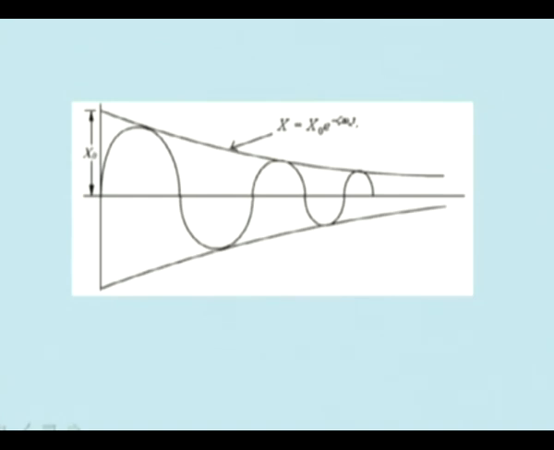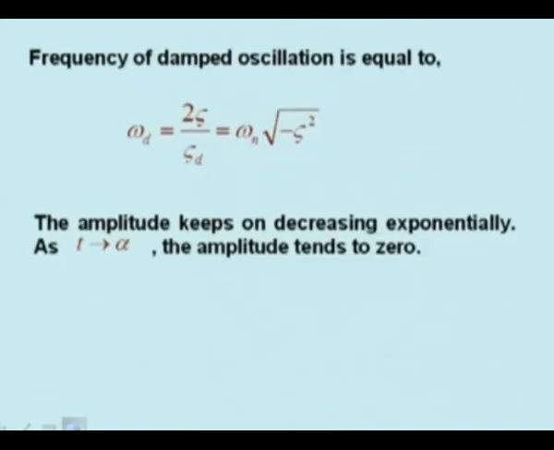But if zeta is some number, then it will be exponentially decreasing. Therefore the amplitude keeps on decreasing in exponential fashion. It never becomes 0, but it keeps on decreasing. So this is the profile.